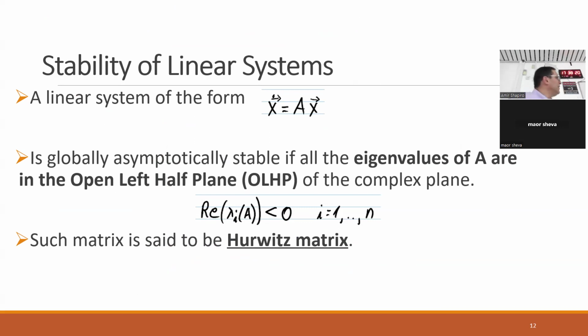So it means that the real part of all eigenvalues of A is smaller than 0, which means that they will be in the left part of the complex plane. Such a matrix is also called Hurwitz, named after Hurwitz who found this.